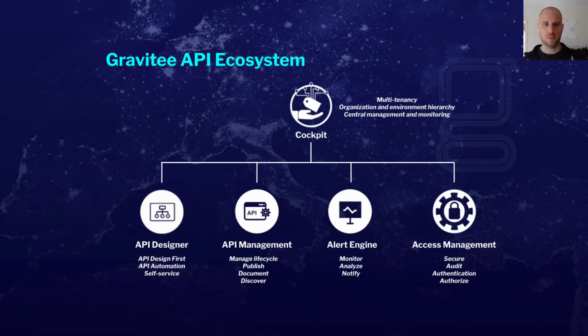The Gravitee API ecosystem basically consists of 5 components. So on the bottom left, we have the API Designer. The API Designer is a quite unique tool that lets both technical and non-technical users define and design the structure of the APIs.